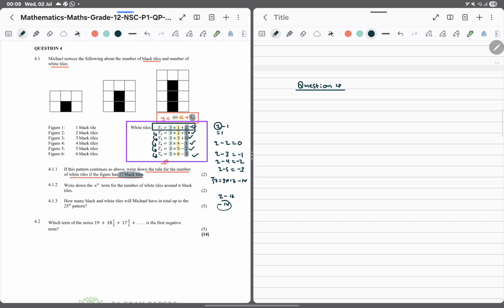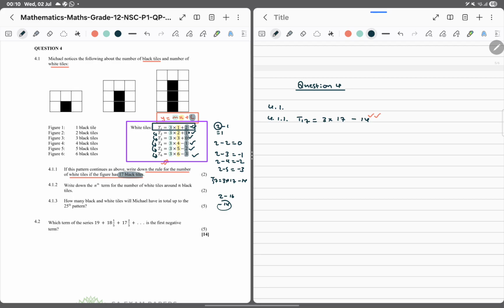Then we keep subtracting from it using the relationships. So we will sort this up by saying 4.1.1. We know that T17 is going to be 3 times 17, as we can see there, minus 14. As you can see, the 14, we had to study the rule and make sure we understand. This takes a bit of time, so it's not a very cheap 2 marks.